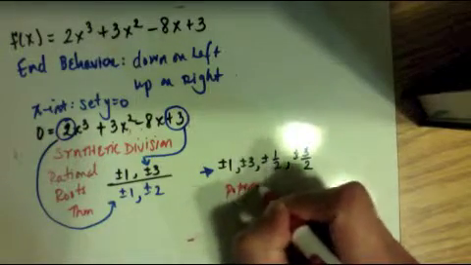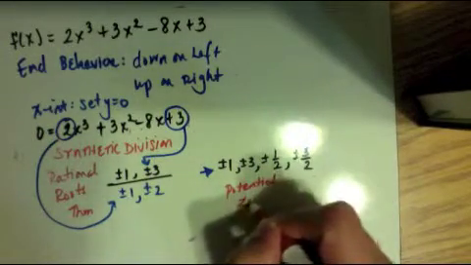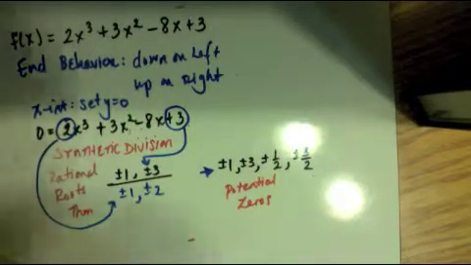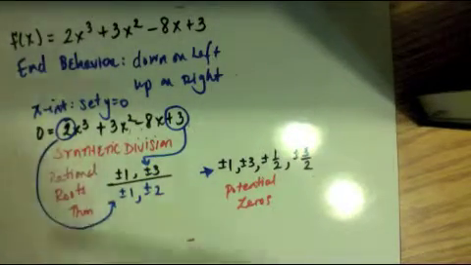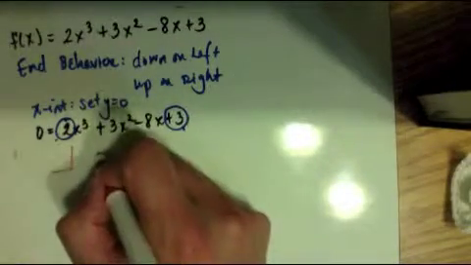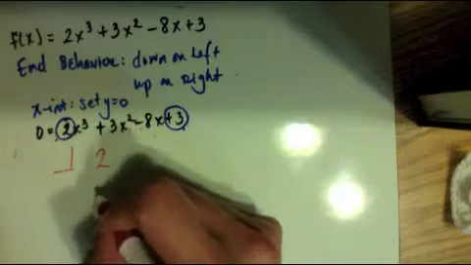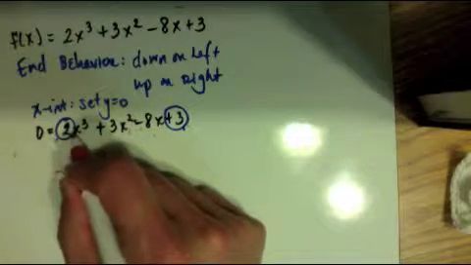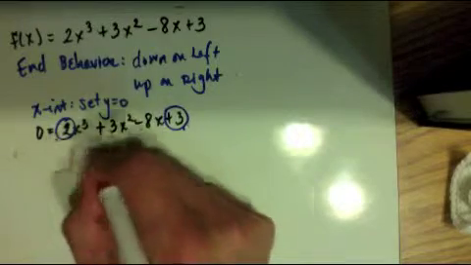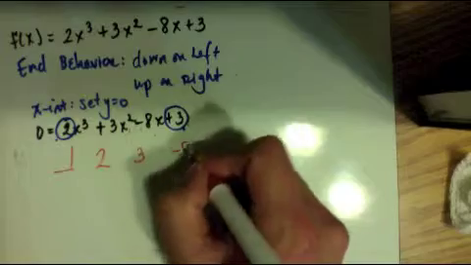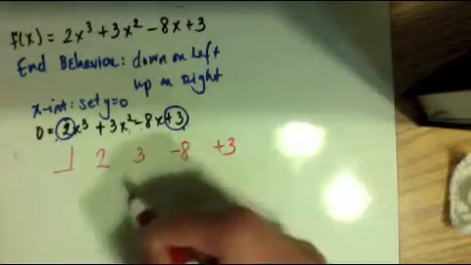Potential or possible. We don't know if they are, we're just going to have to test them out. Remember, when we write our synthetic division, we start from the leading coefficient in descending order: 2, then 3, then -8 for the x, and positive 3.